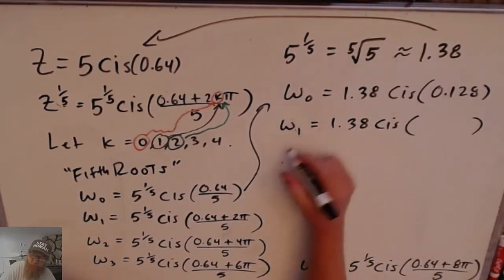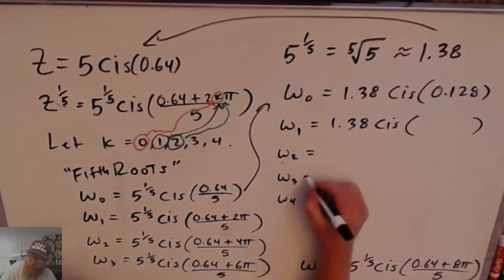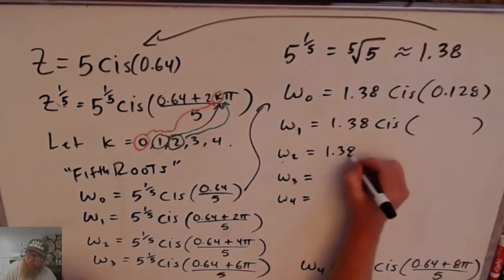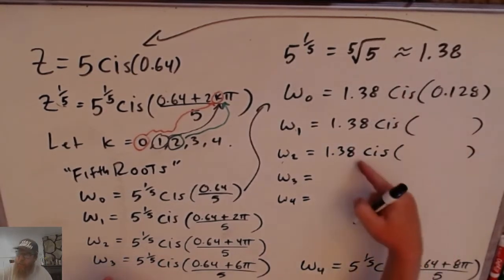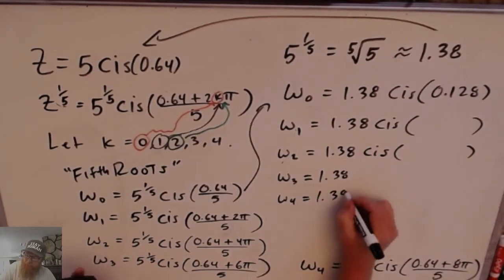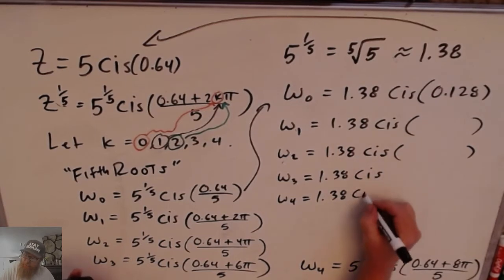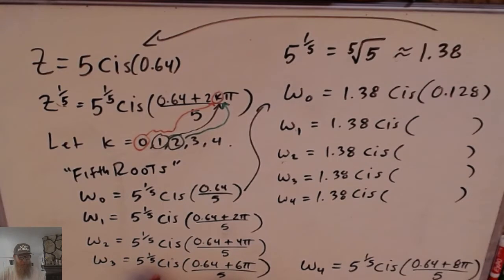So this is omega 1, omega 2, omega 3, omega 4. Now I'll get to the CIS in a minute. It's going to be cosine I sine. I just like to set it up like a factory and just run them all through. So now I'm just going to run through all of these.